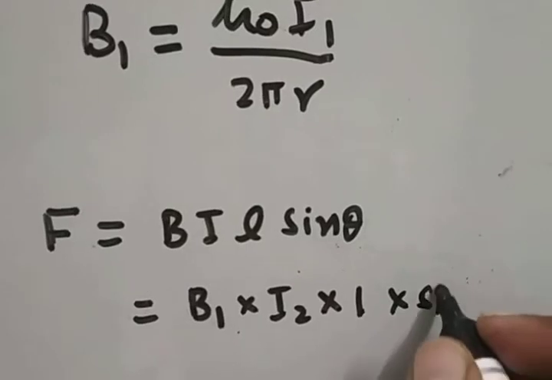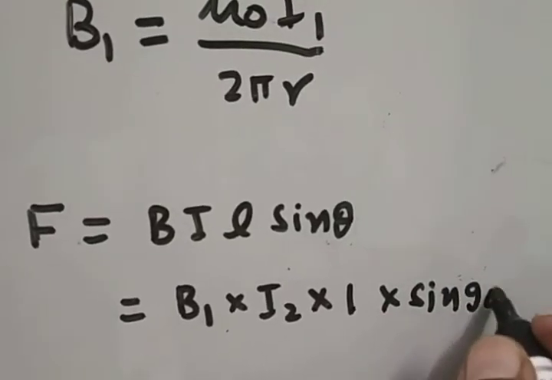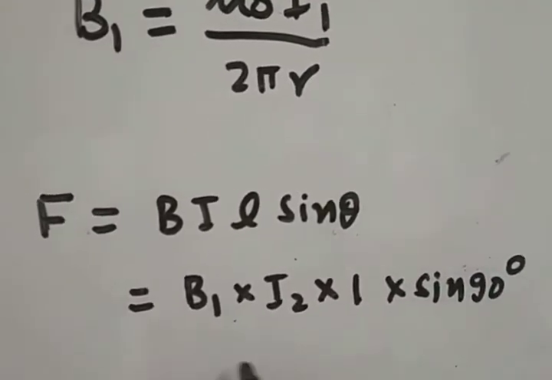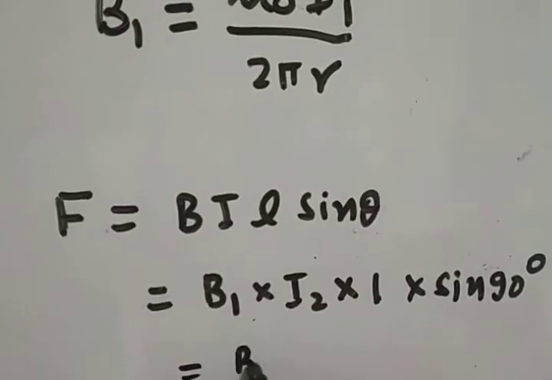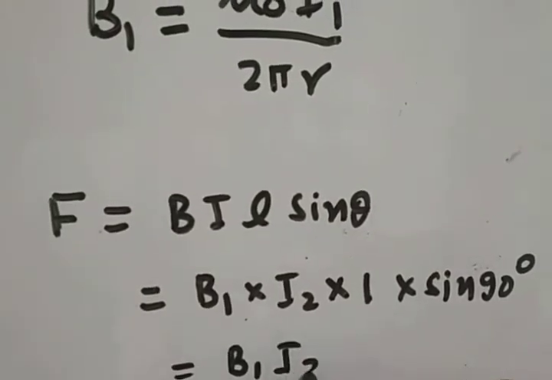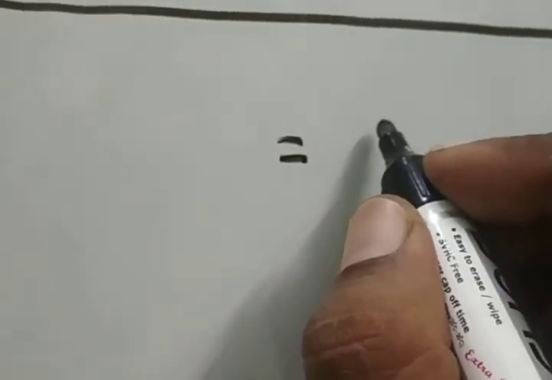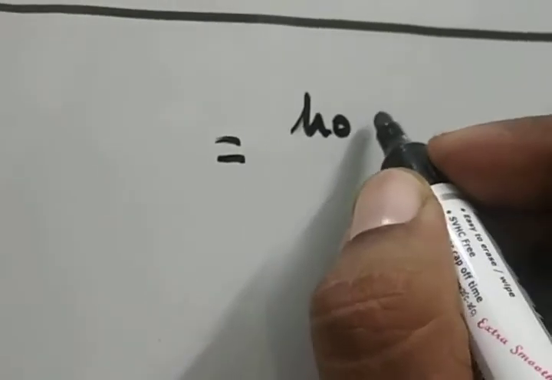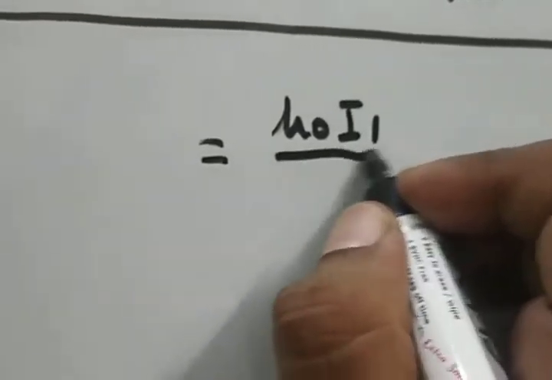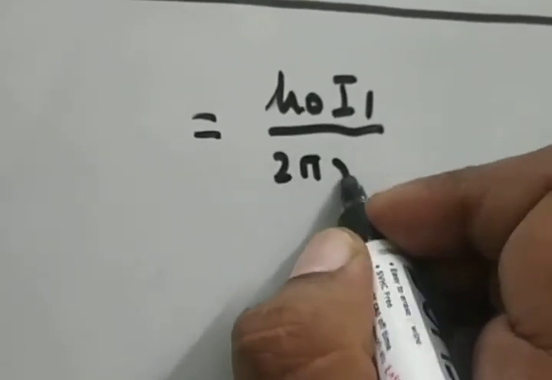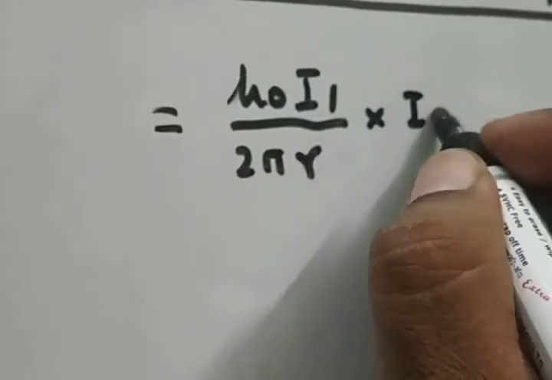And the angle is 90 degrees, so it is 90. Sin 90 degrees is 1, so it is B1 I2. So we write the value of B1 mu naught I1 upon 2 pi R and I2.